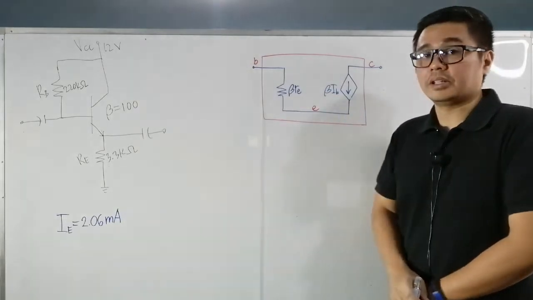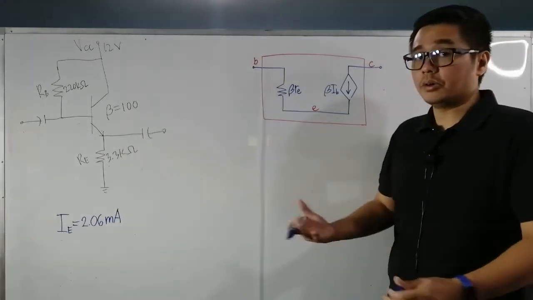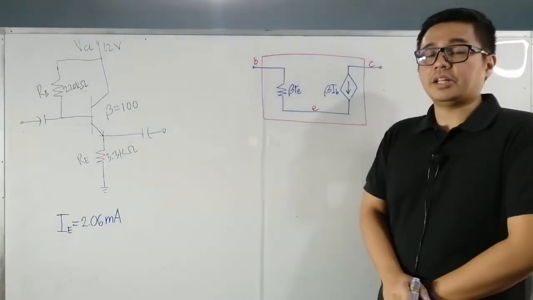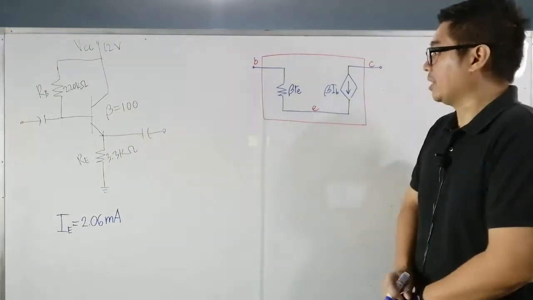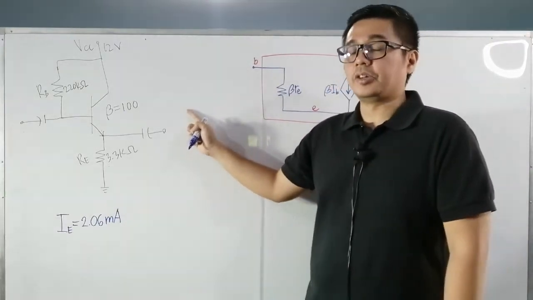That's why ganito ang direction ng ating dependent current source. Although, you can also use a PNP BJT, but you will have the opposite direction.